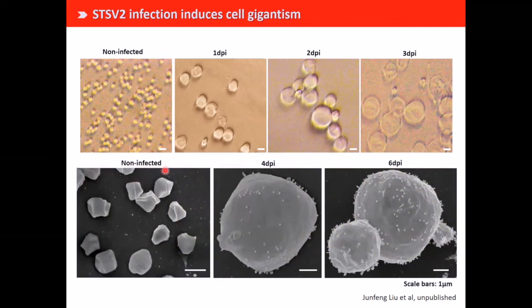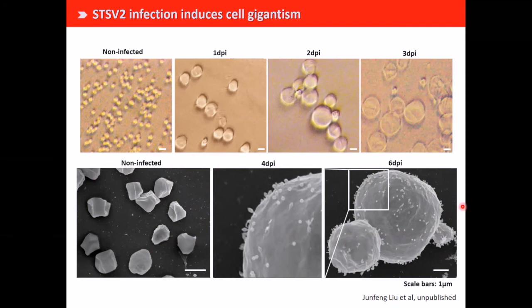And here you see the infected cells in scanning electron microscopy. And here on this image you see non-infected cells, a normal infected cell, but still of a normal size, then a considerably bigger cell, and then a much bigger cell, right? And the virions are sprinkled at the surface of the cell.